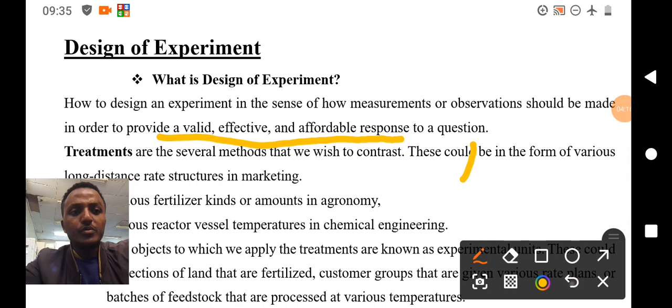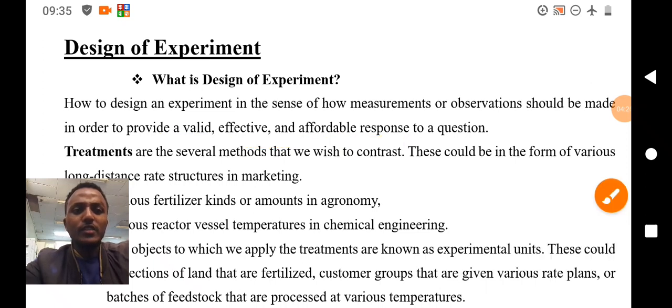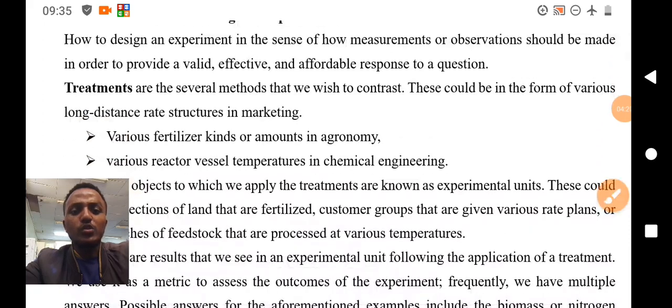So the main thing here is which, what, and where. These are basic W questions which also work in experiments. So what are treatments? Treatments are several methods that we wish to contrast.